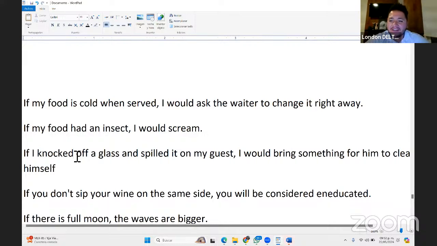Is that clear? In English, this is called subjunctive. The subjunctive is a mood in English.